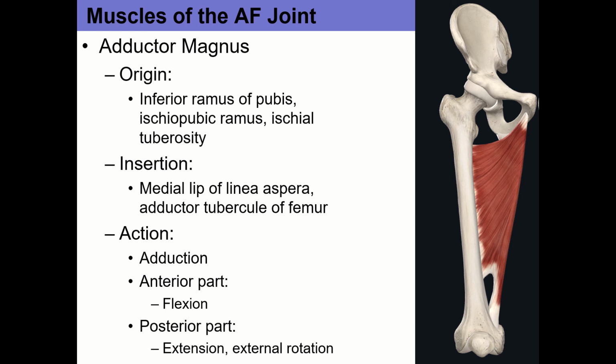All of your adductor group originate somewhere on the pubis. So adductor magnus originates from that, so big that it continues on to the ischium. So it actually spans 2 parts of the innominate bone.